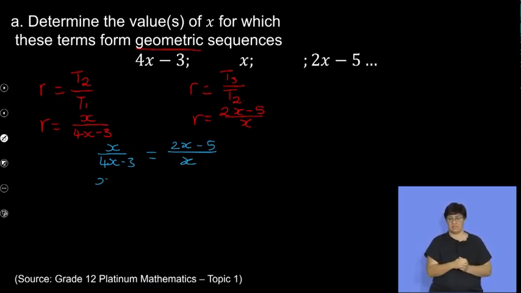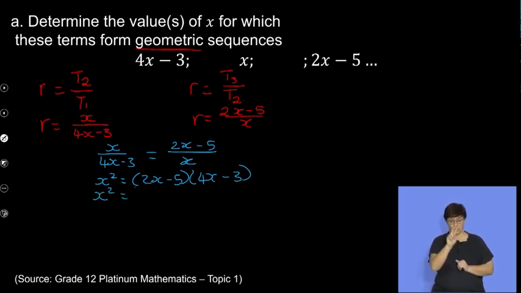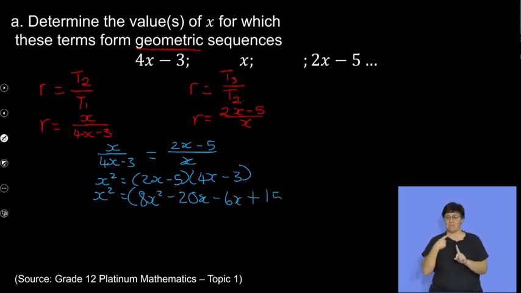So I'm going to have x squared is equal to 2x minus 5 times 4x minus 3. If we do FOIL, or however else you know how to multiply binomials together, you're going to end up with 8x squared minus 20x minus 6x plus 15.